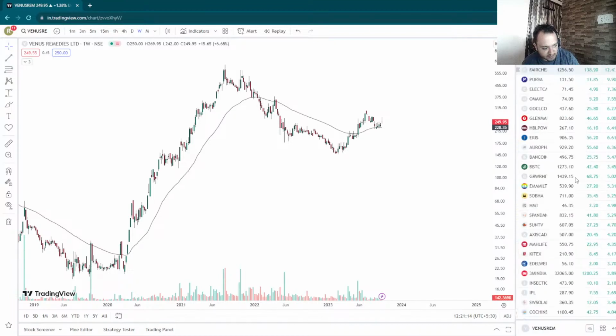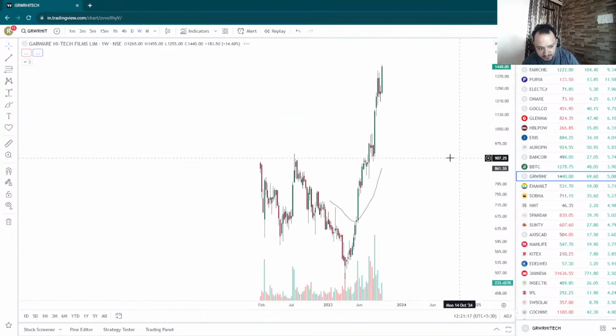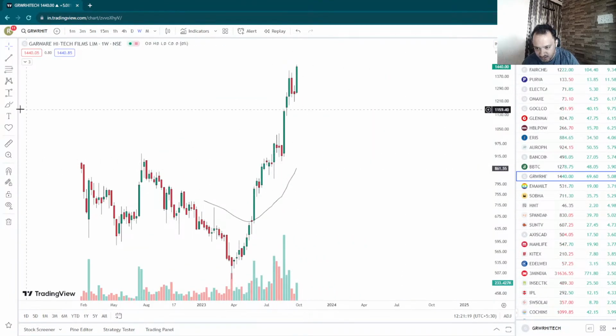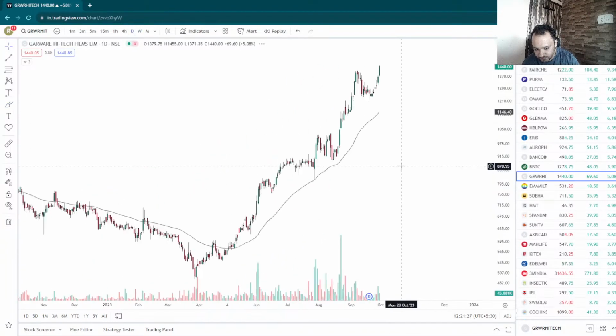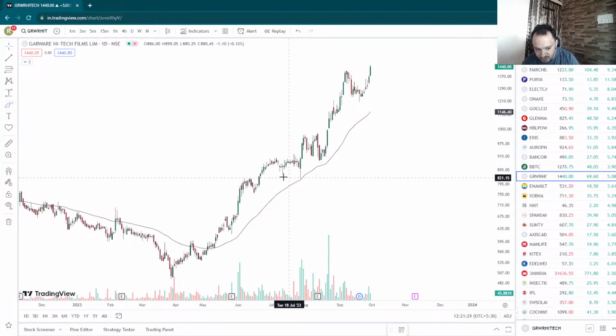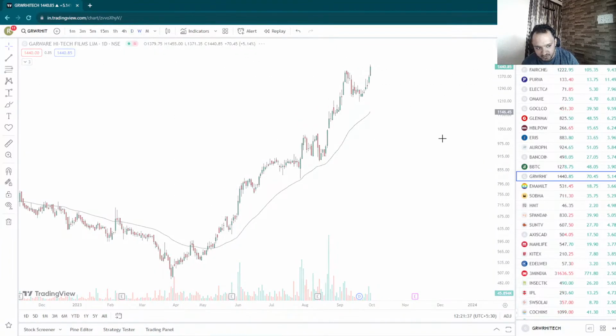Let's pick a random stock. All right, so let's take this one. So you see, you want to be chasing it on the daily or when it's clearly sloping up. So after this entire breakout, from here on is where you start getting in. And stocks will do this very often.